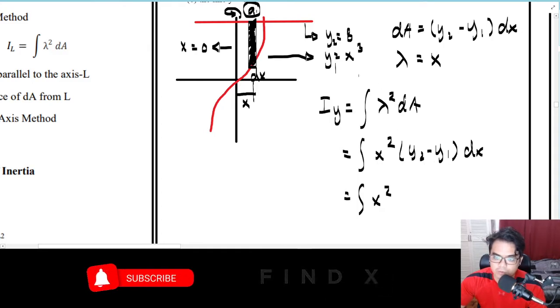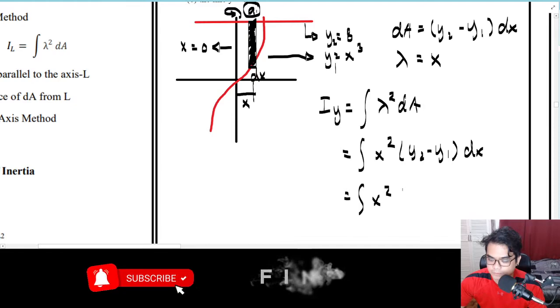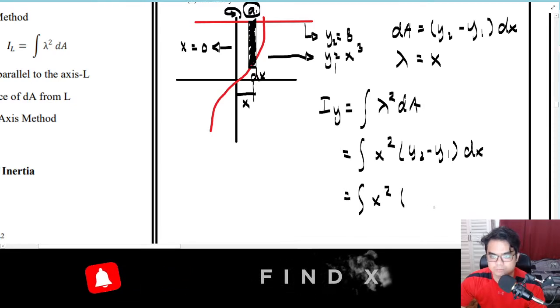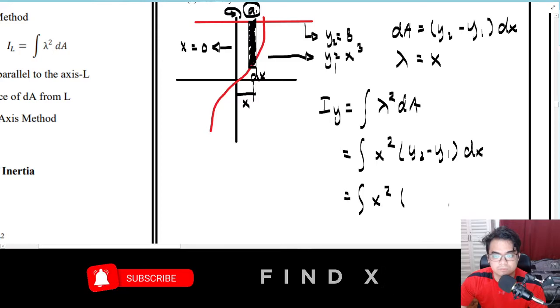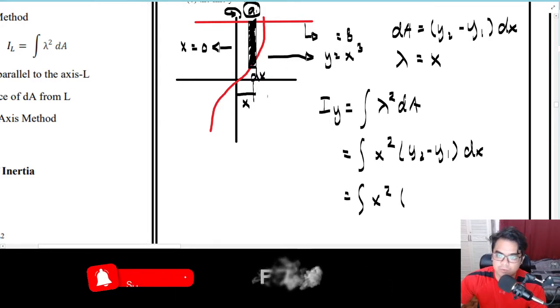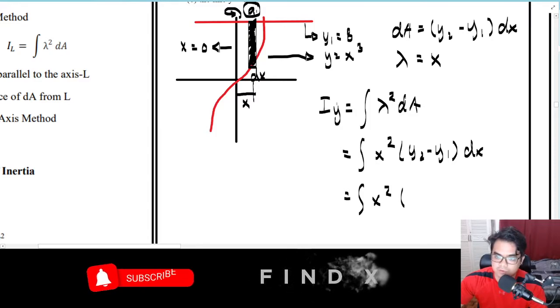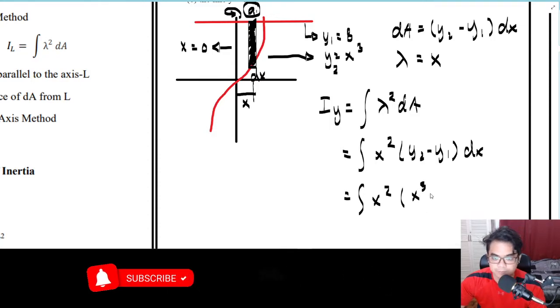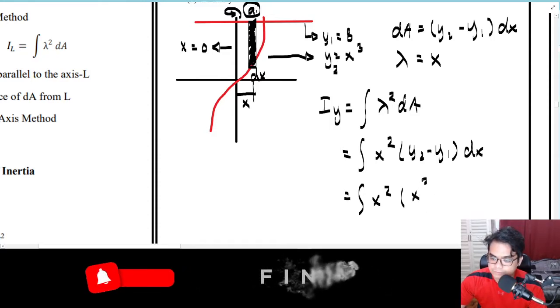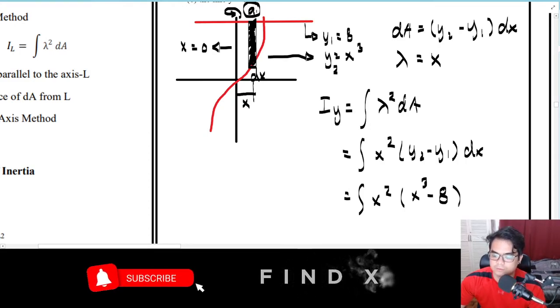We already have 8, which, actually, I think should be y1. So this should be y1 and this is y2. So y2 will be 8 and y1 will be x cubed, dx.